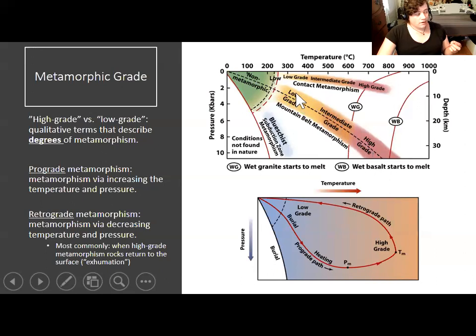In this example, the low grade zone along this path is, say, about in the range of 300 to 400 degrees Celsius and about 4 kbar. Now, what is actually physically happening to the rock to bring it to higher grades?